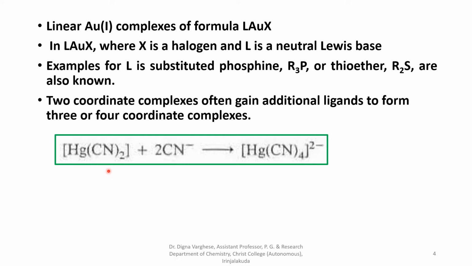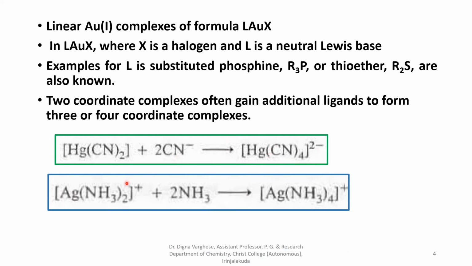It is a coordination number 2 complex that reacts with 2 moles of cyanide ions, forming a 4 coordinate complex. Here you can see a silver complex. Its coordination number is 2, and it reacts with another 2 ammonia molecules, forming a coordination number 4 complex.